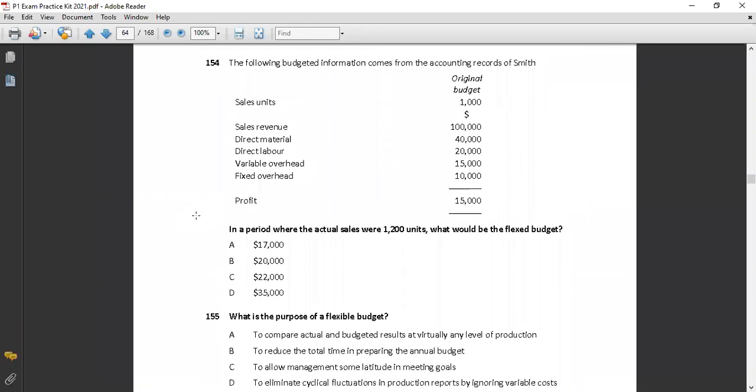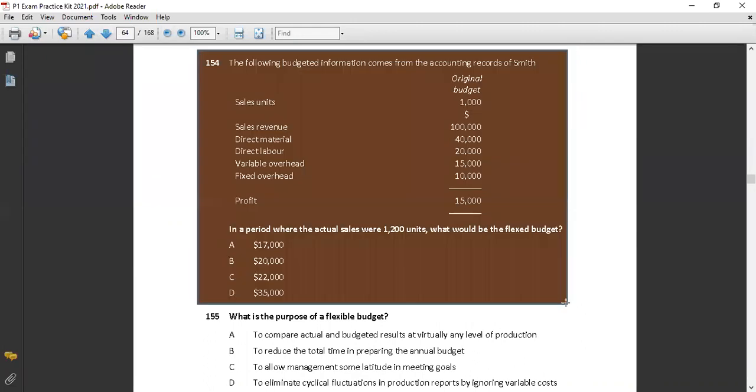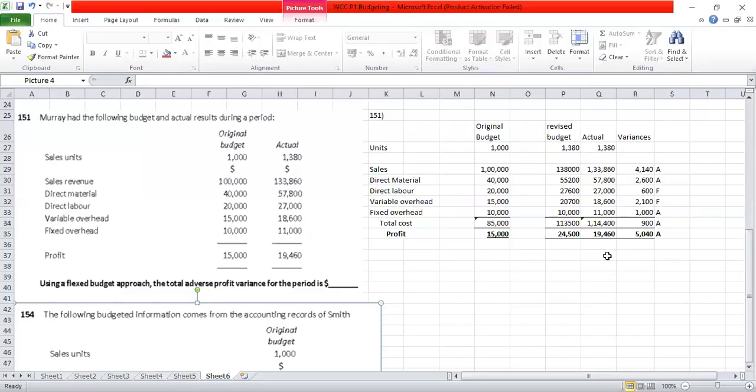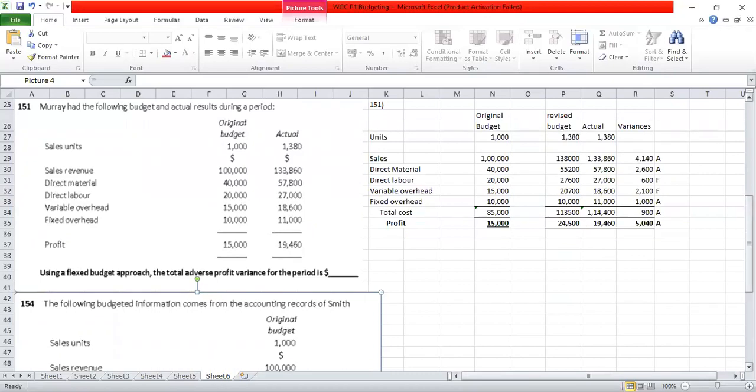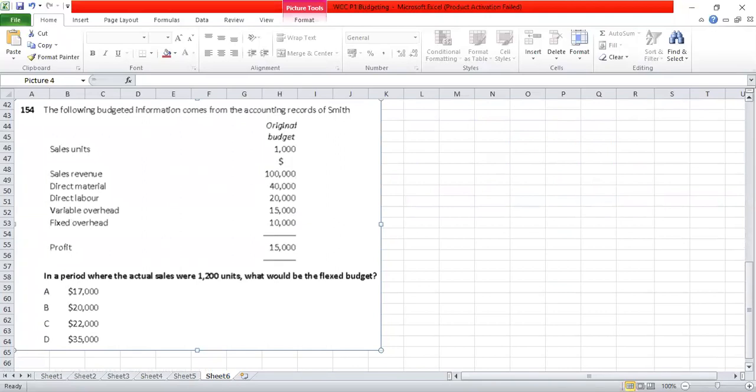A similar one is 154. So let's take up 154. The following budgeted information comes from the accounting records of Smith.